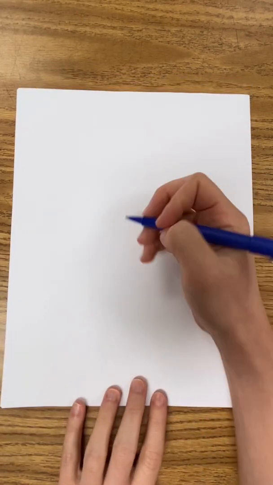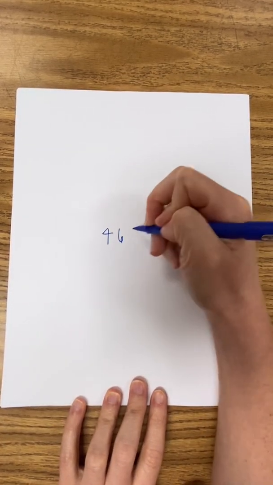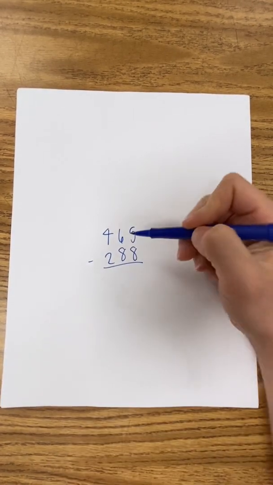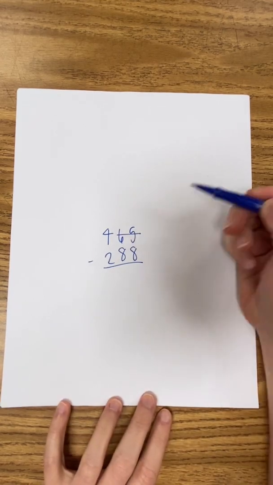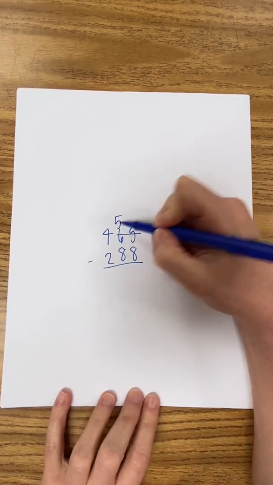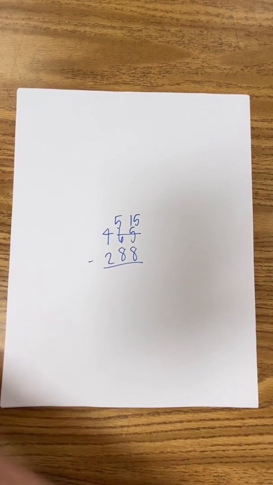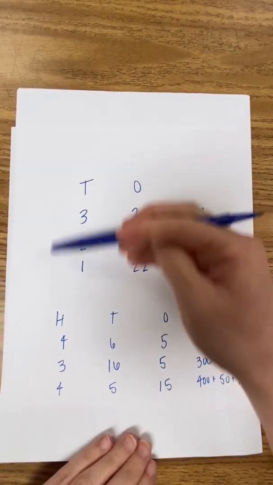Okay, and this goes for subtraction as well. Okay, so when students are understanding what regrouping is, they're able to see, well, 65 is also 5 tens and 15 ones, all the way back to when they were doing this process.